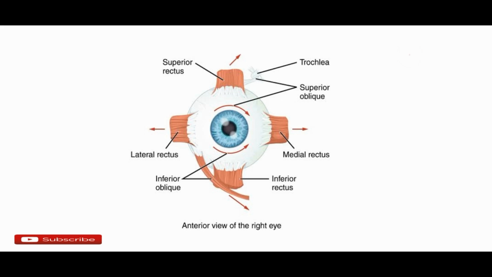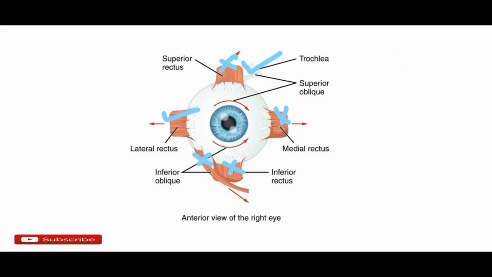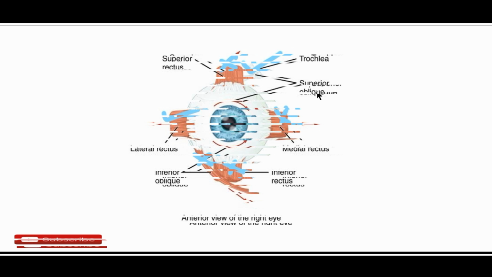Let's see. Here we have put a cross on the muscles which will be paralyzed due to oculomotor nerve lesion, and you can see the paralyzed muscles are superior rectus, medial rectus, inferior rectus and inferior oblique muscles, but lateral rectus and superior oblique muscles are intact.